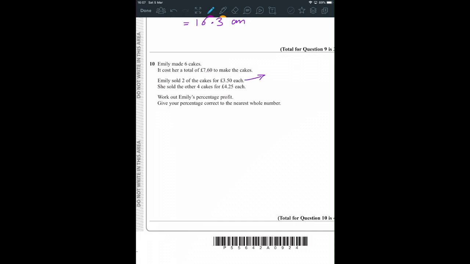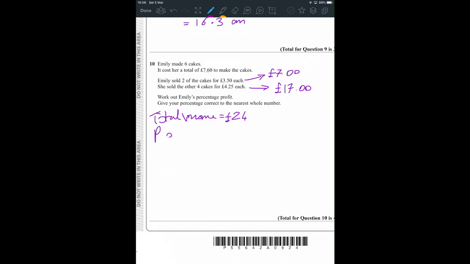So the 2 cakes at £3.50 each gave us £7, and the 4 at £4.25, £4.25 times 4, gives us £17. So our total income, again I'm writing words so the examiner knows what I'm thinking rather than just having numbers all over the page, is £24.